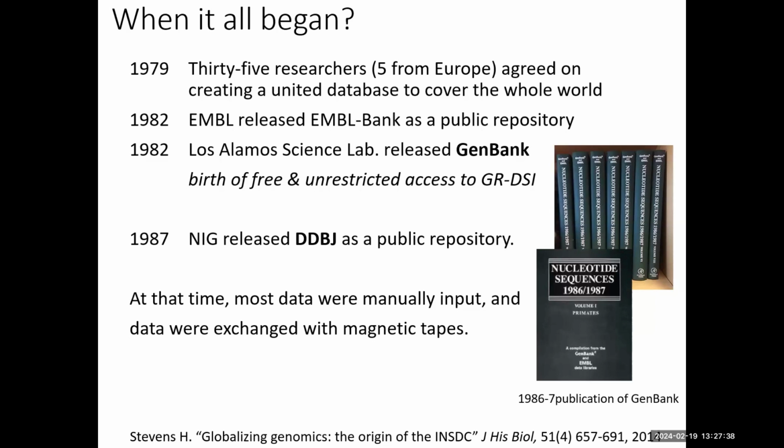And in Japan, many papers were published in Japanese. So there was a demand that those sequences written in Japanese journals be covered. And DDBJ joined the activity in 1987.